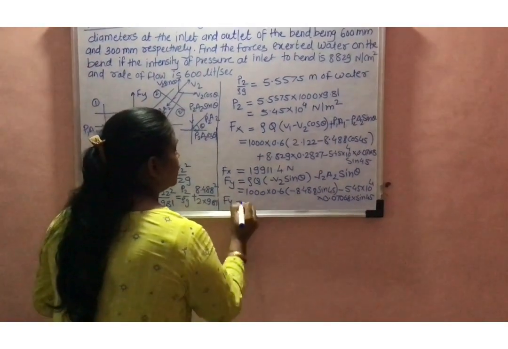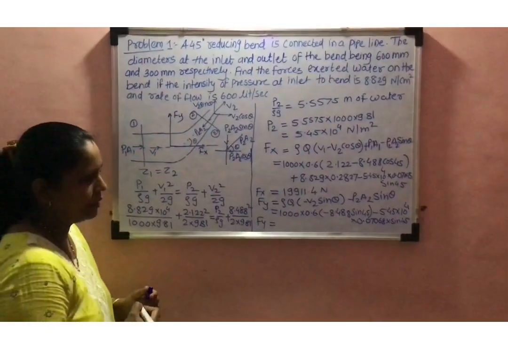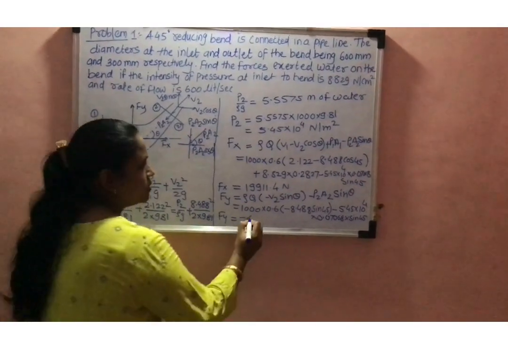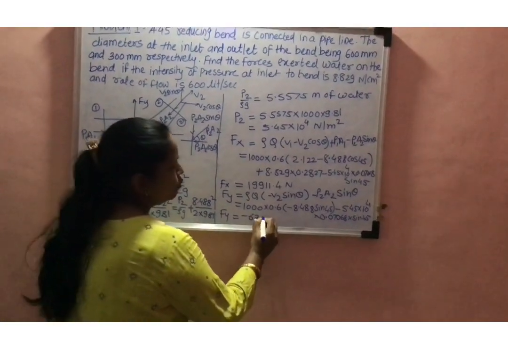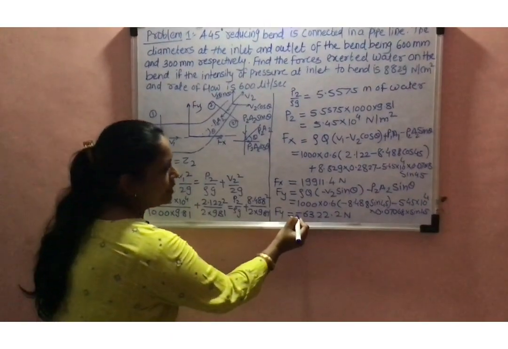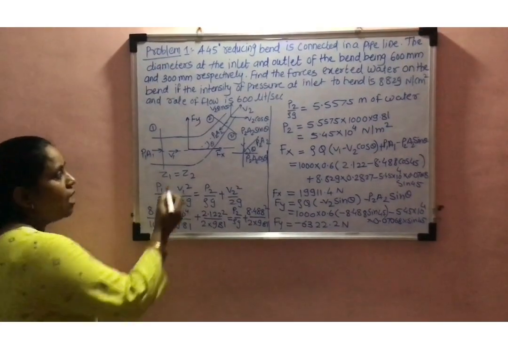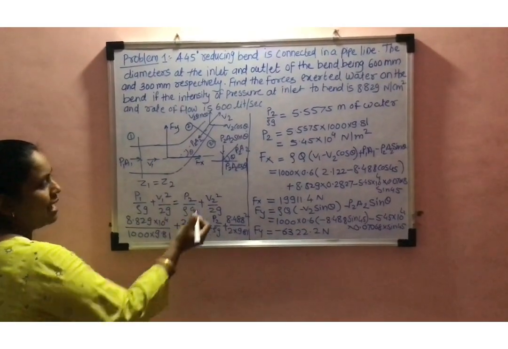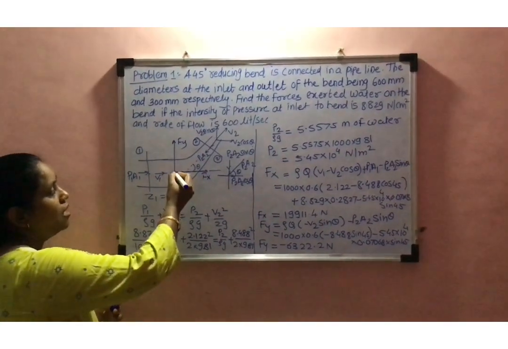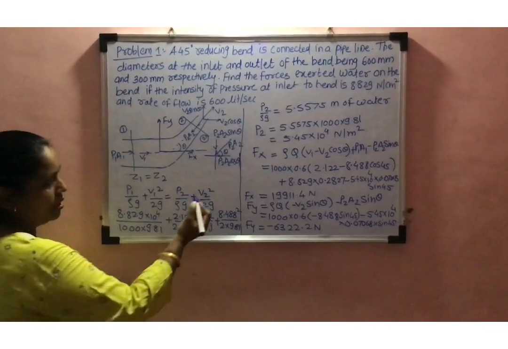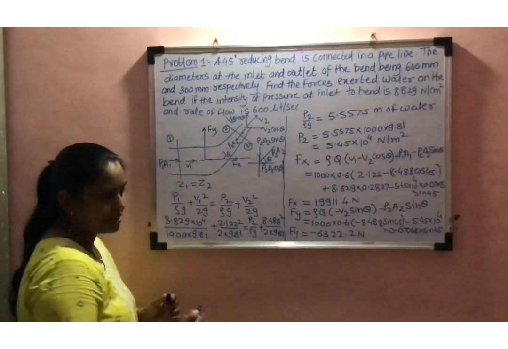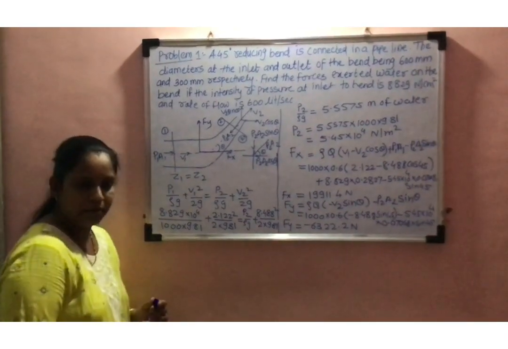Then after calculating, we got the value as minus 6322.2 Newton. So this minus sign indicates that here we assumed the force along the y direction acting upward, but it is downward. The negative sign indicates that it is in the downward direction.